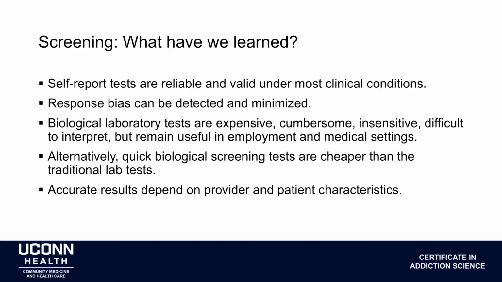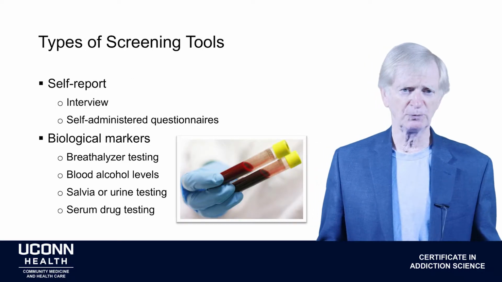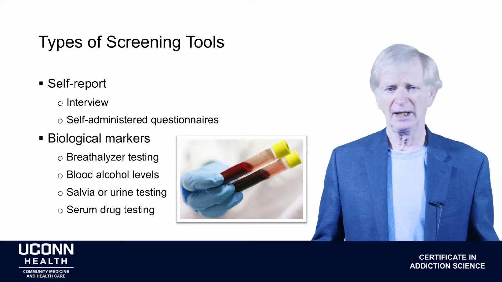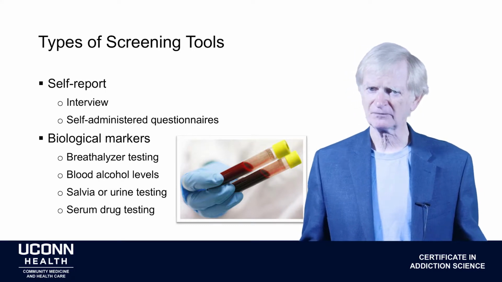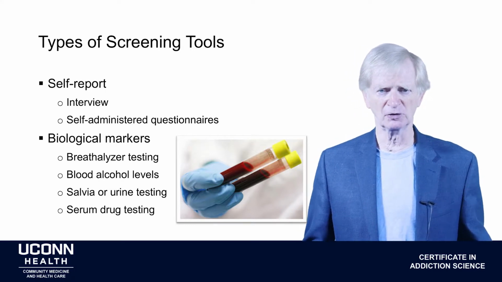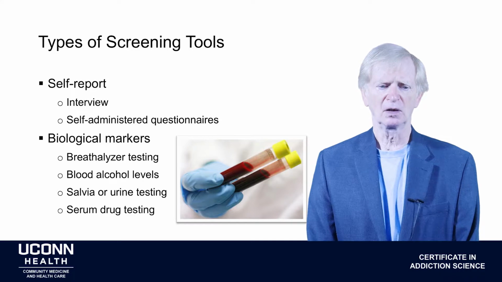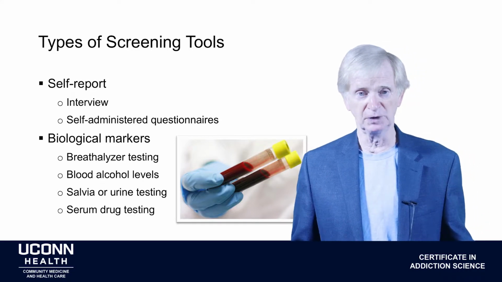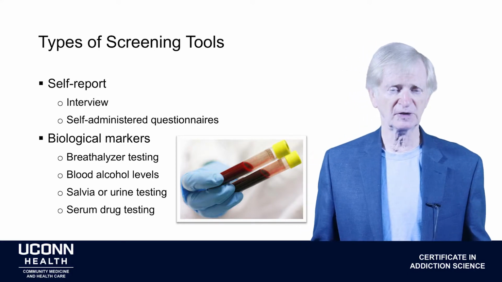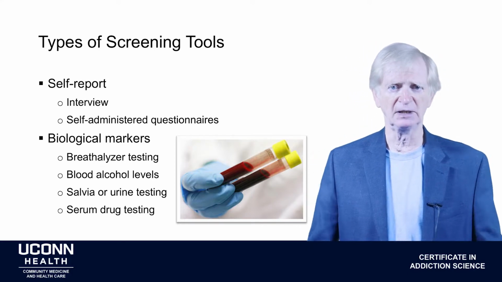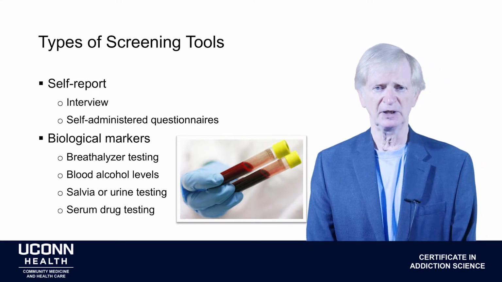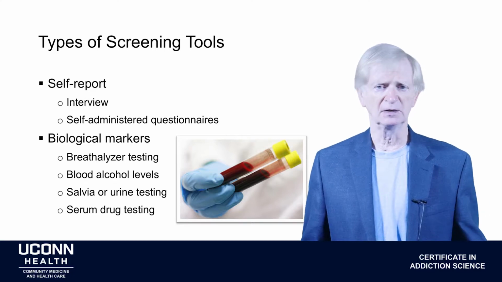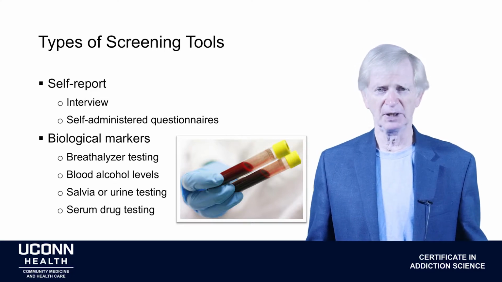So there are a large number of screening tests that have been developed, both self-report measures, but we also now have biological measures. And the biological measures are tests that often require a blood sample or a urine sample, which are difficult to obtain in population surveys and clinical settings, but it's not impossible.